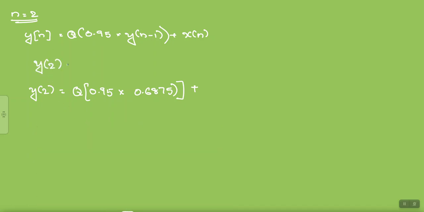So y of 2 is equal to quantization of 0.95 into y of 2 minus 1, that is y of 1, plus x of 2.